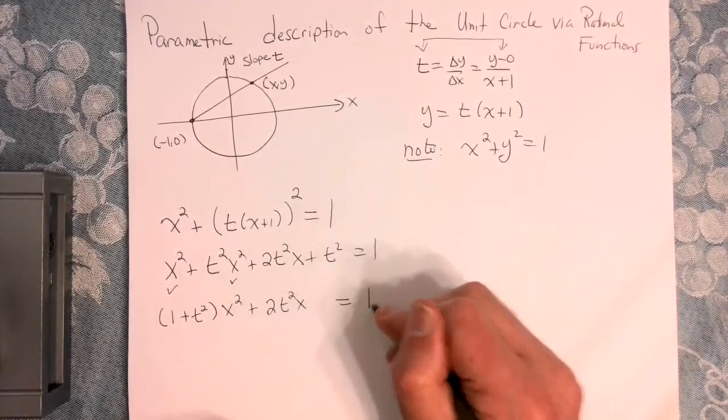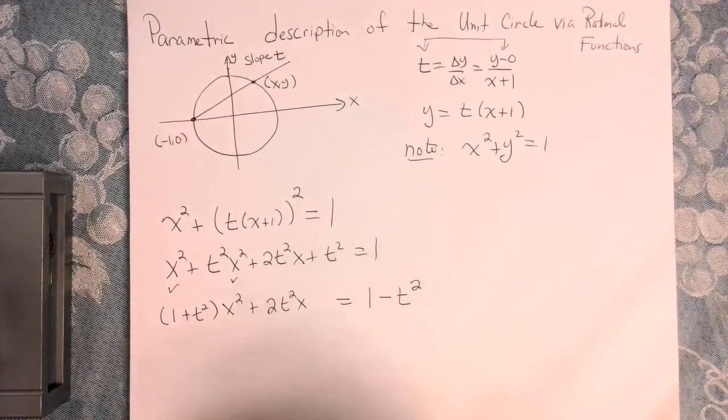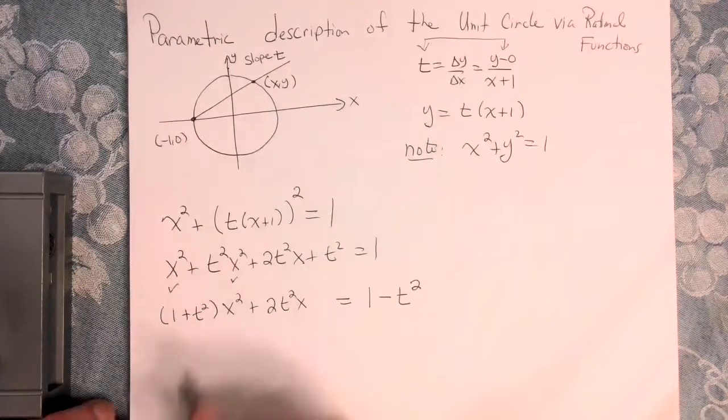I'm hoping to solve for x, and I want to complete the square. So let's get everything that's not x to the other side. Okay, this will be a little bit more promising if I can get a 1x squared here. So I'm going to divide all the terms by this quantity here.